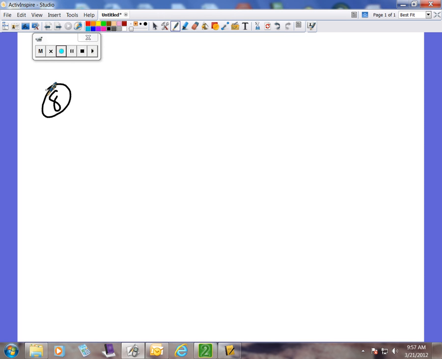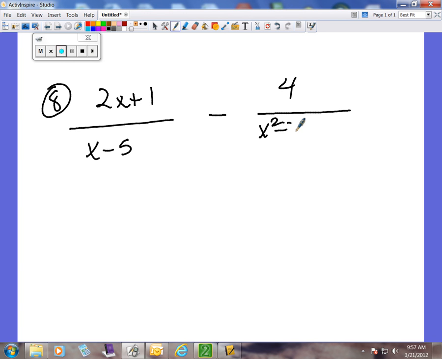Okay, what do we have on top? 2x plus 1. And on the bottom, x minus 5, minus 4 over x squared minus 3x minus 10. Again, we got a binomial here, and we got a binomial here, don't we?